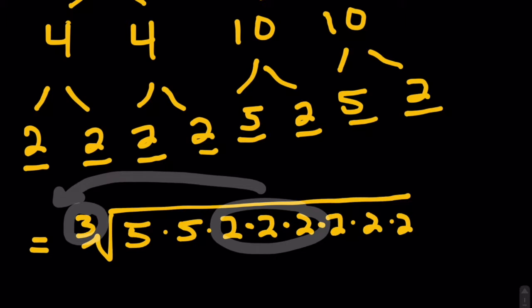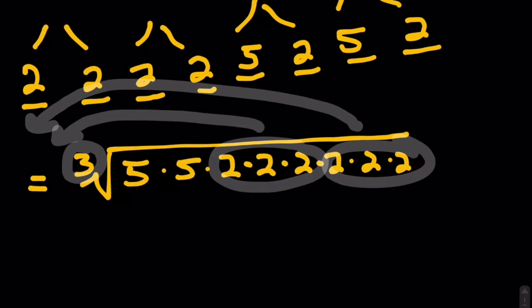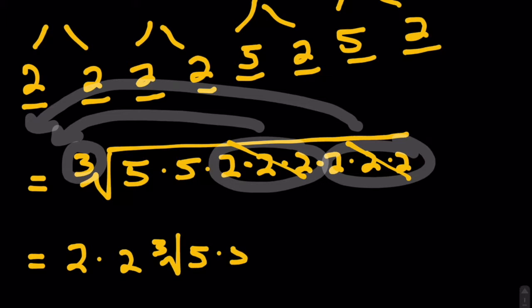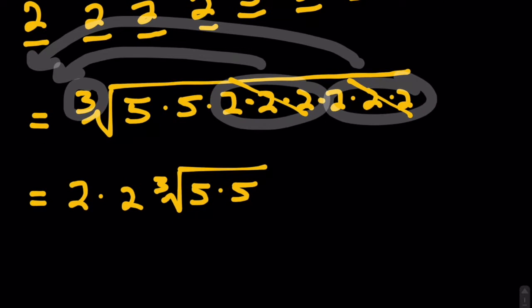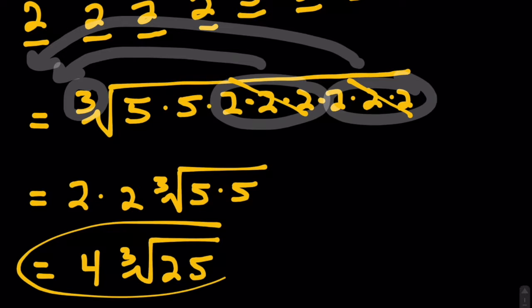I see 2 triples inside of here, and the reason for this is because we are essentially taking the cube root of something that is cubed here. 2 times 2 times 2 is 8. The cube root of 8 is 2. So we'll take one representative from that group of 2, and the other one from that one, put them outside the radical, and the only thing that's left on the inside is 5 times 5. Doing all of our multiplication out will give us 4 times the cube root of 25. And that is our final answer.